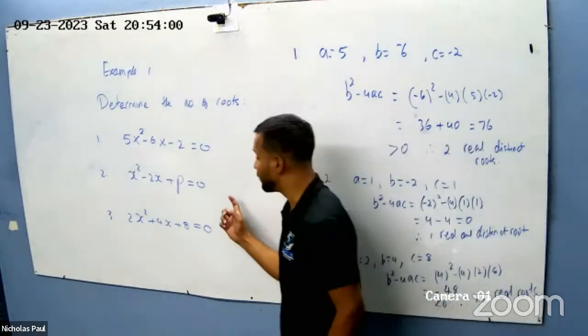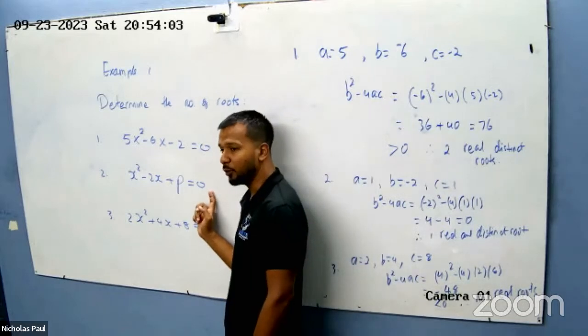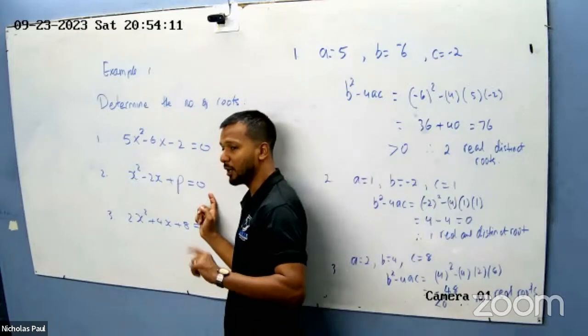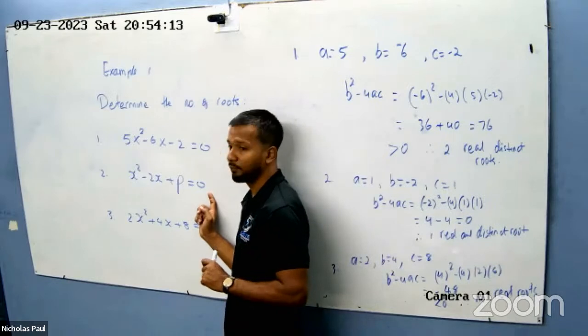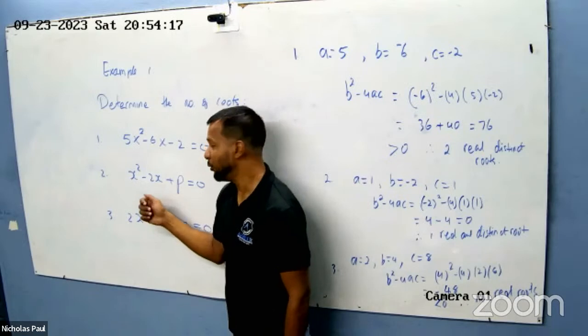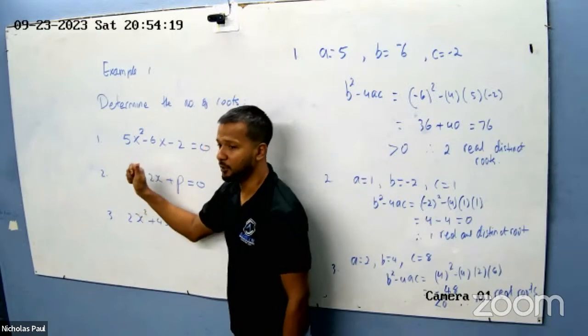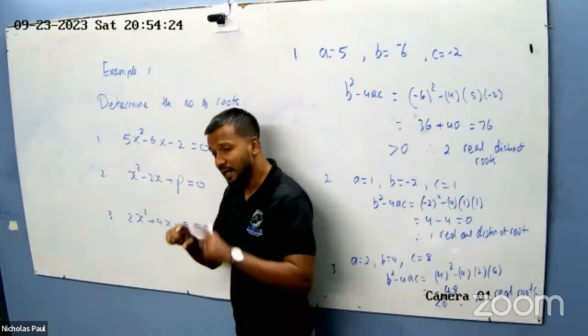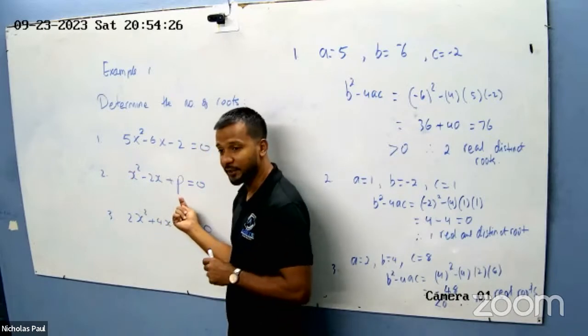If it has 1 real root, what do you know? The discriminant is how much? The discriminant is 0, right? So it means that when you substitute P squared and you substitute A and you substitute C, you're supposed to get 0. And then you'll get an equation that you can solve for this.